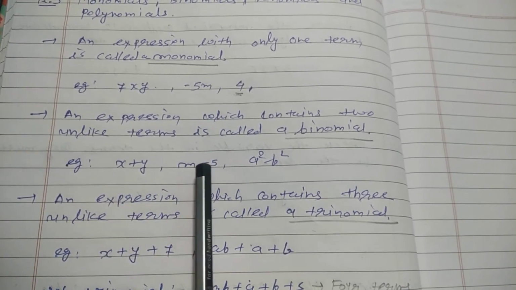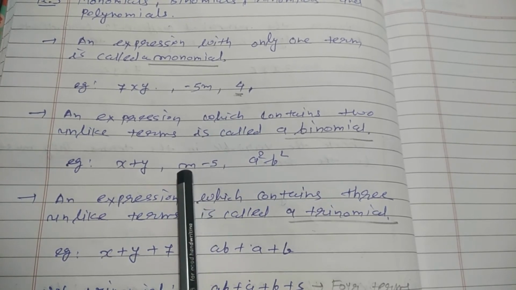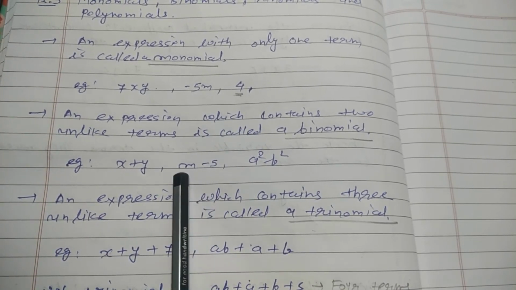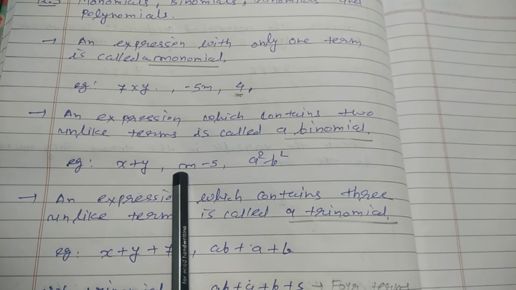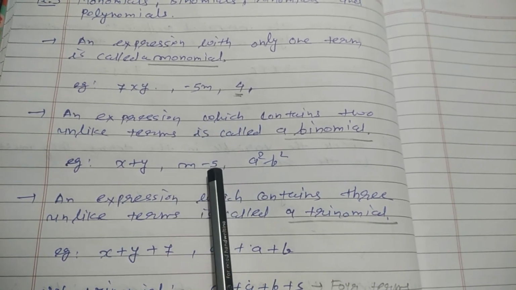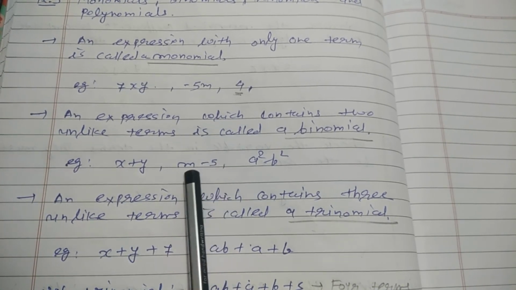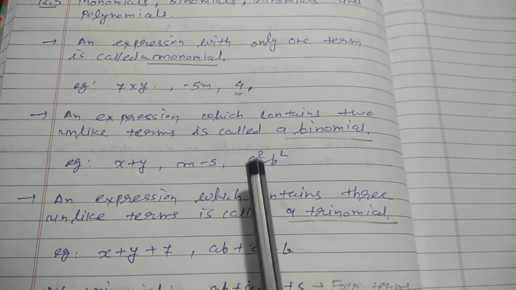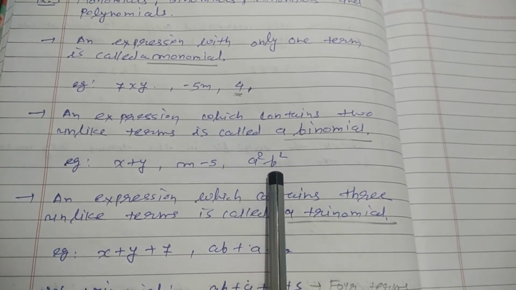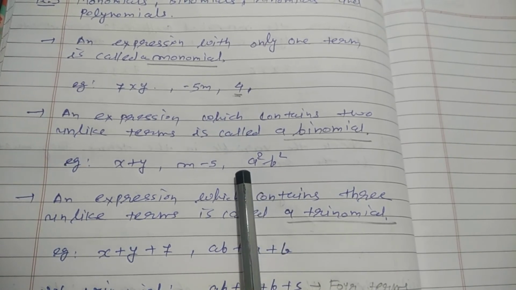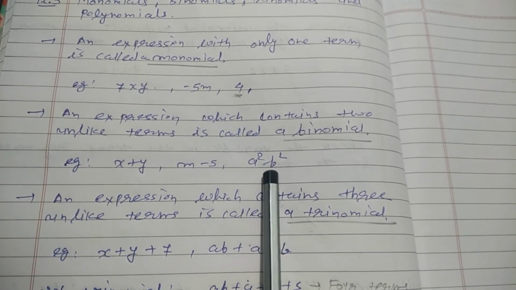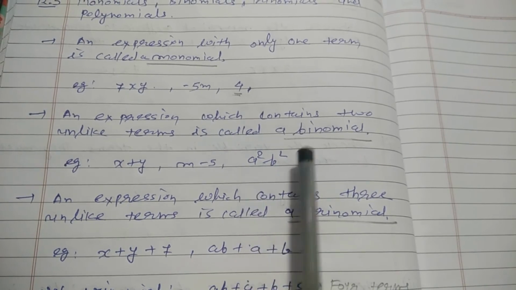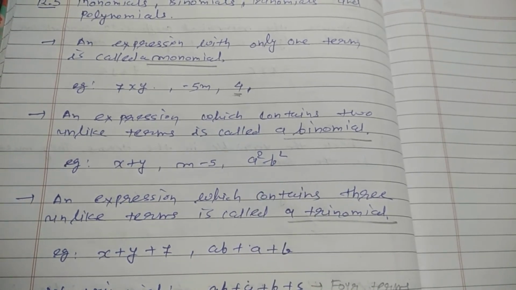Similarly, m minus 5: this expression is made from one term m which is a variable and another term minus 5 which is a constant. These are two terms, so it is called a binomial. Similarly, a square minus b square: there are two terms, one is a square and the other is minus b square, so it is called a binomial.